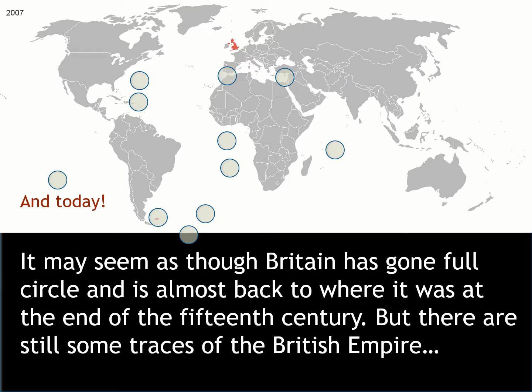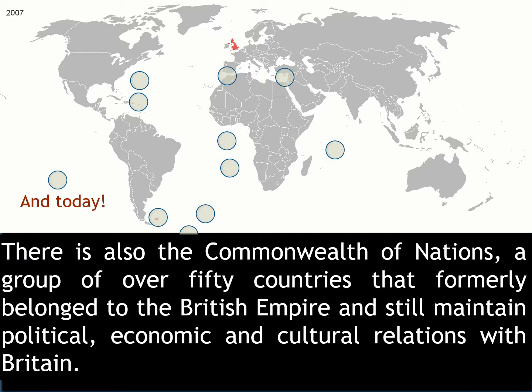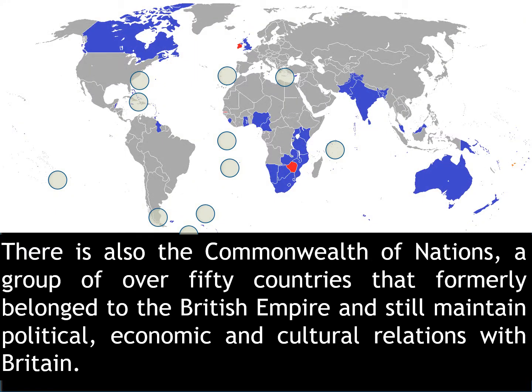I think it's important to point out that there is also something called the Commonwealth of Nations, which is a group of, I think it's 52 countries at the moment, that used to belong to the British Empire. Nearly all of them used to belong to the Empire, and they still keep contact in cultural, political, and economic ways.